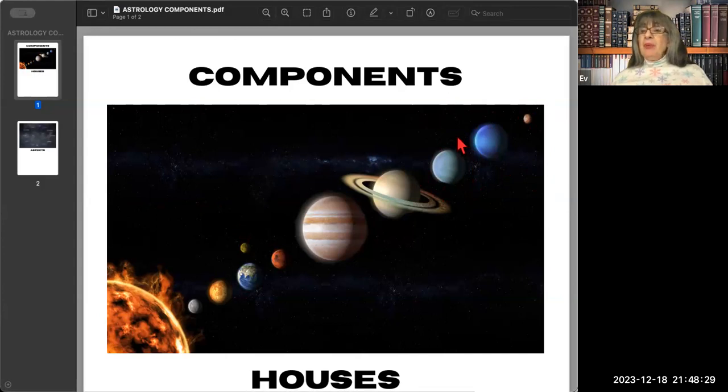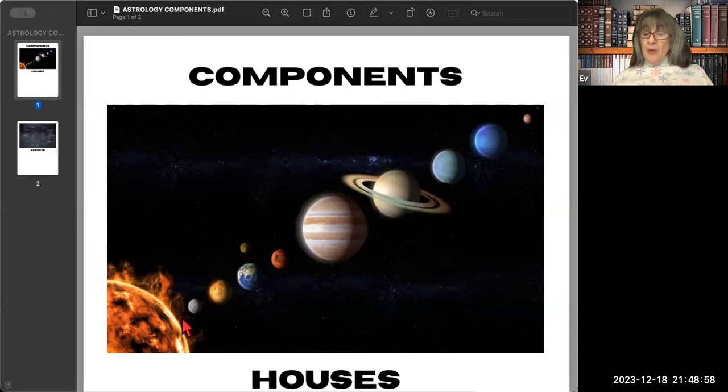And then we have Black Moon Lilith, which is related to the moon, but it's the dark side of the moon because the moon orbits around the earth. And there's always a part of the moon that you can't see. It's never visible. That is the dark side of the moon, or Black Moon Lilith.